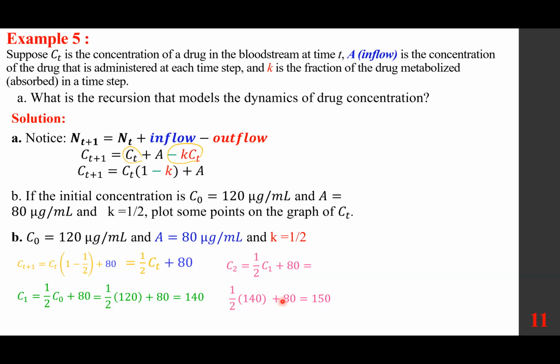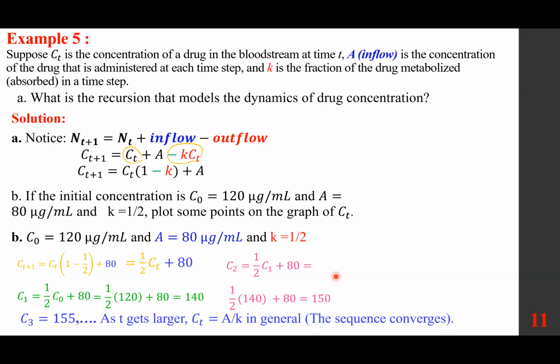C sub 3 is half of this, everybody, which is 75, plus 80, which is 155. So C sub 3 is 155 because it's half of C sub 2 plus 80. Let me write at top of it. C sub 3 is 1/2 C sub 2 plus 80.